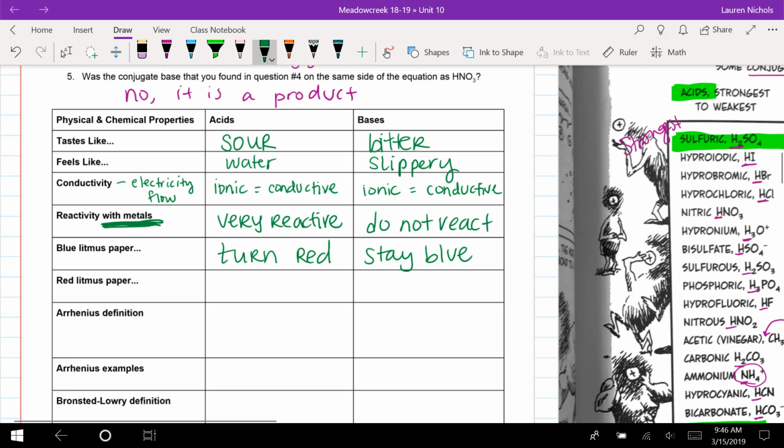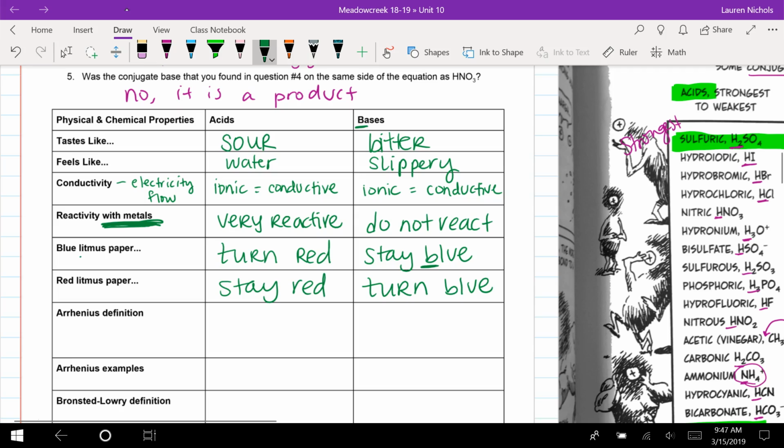That's a key thing: blue starts with B, and so does the word base. Now, red litmus paper will stay red in an acid, and it will turn blue or a purplish color in a base.